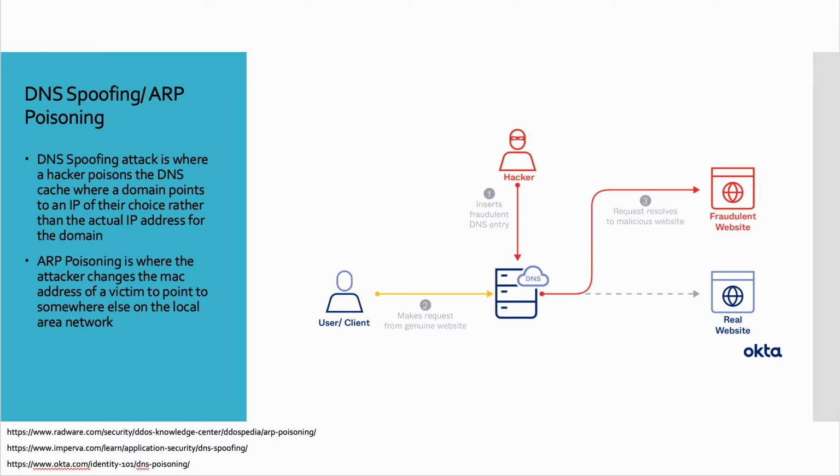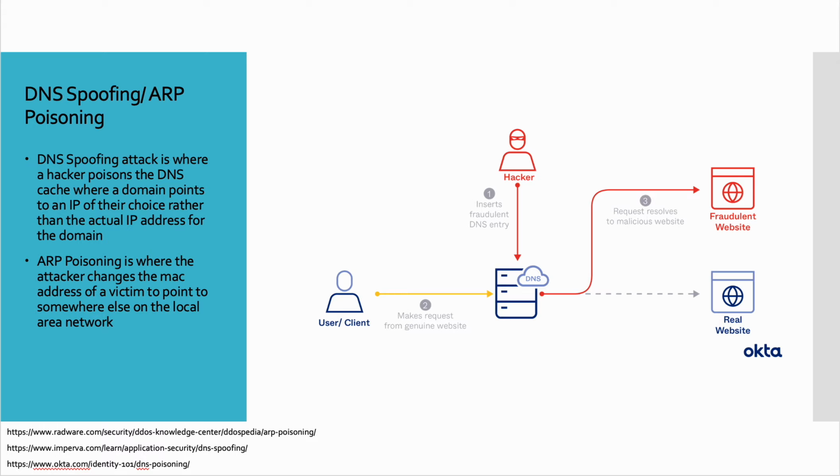With DNS poisoning, that's kind of what you're seeing here: you have your user client that makes the request to the genuine website, and then before it actually gets that, the hacker would have injected the fraudulent DNS entry. So when the user makes that request, it says, okay, go to this IP address, and instead of going out to the real website, it goes to the malicious website.